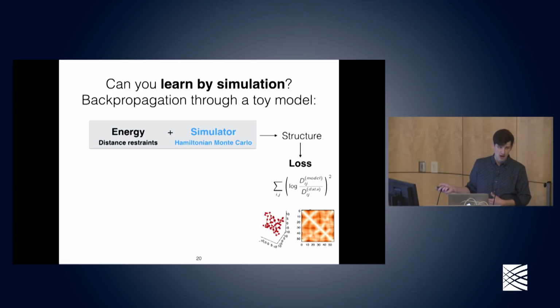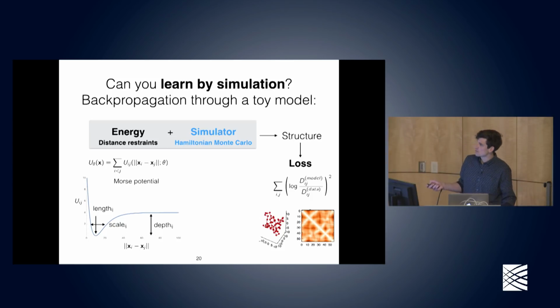I just pulled these off of a small protein domain. You can look at the plot of the 3D coordinates here, or a distance matrix like this. Now let's say we spit out a structure, and then we compare with some loss function that basically measures how similar the two distances are. Our energy is going to be distance restraints, so fleshing that idea out a bit more, it's just a sum of pairwise distance constraints.